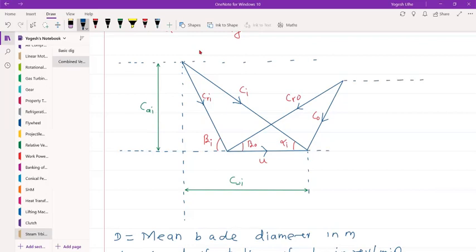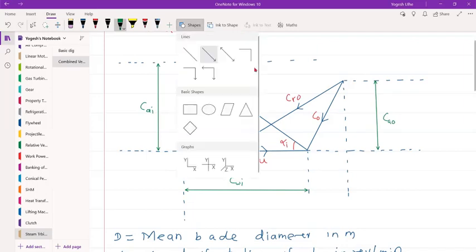This CO has two components. This component is CAO, the axial velocity at blade outlet.